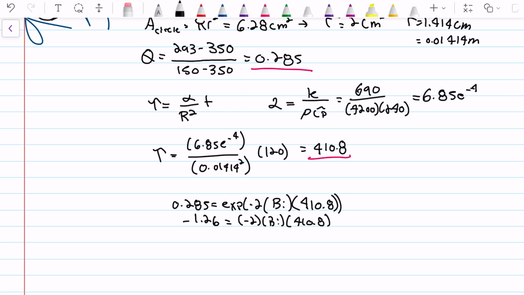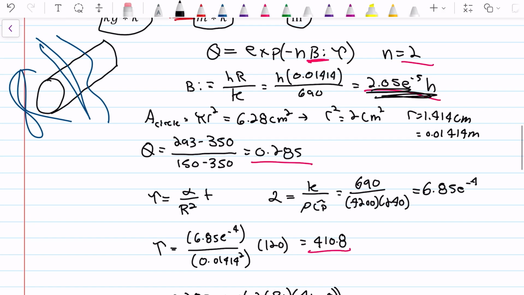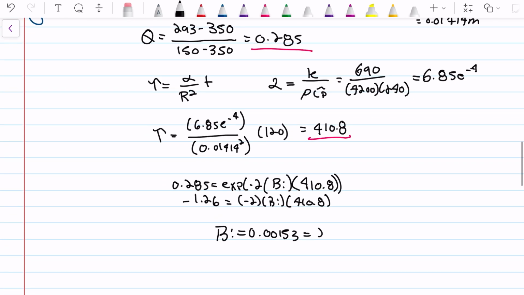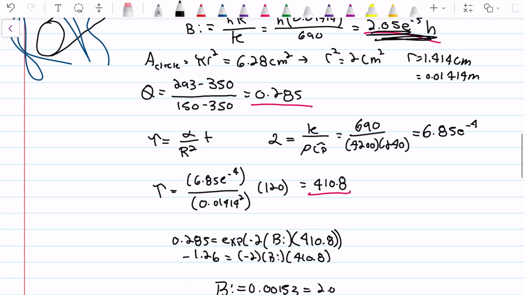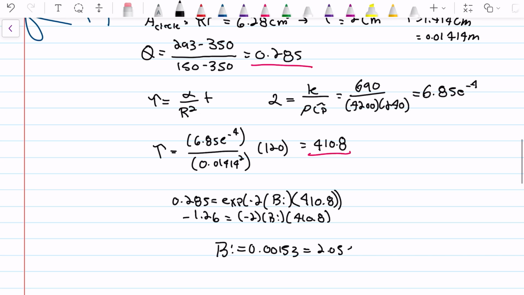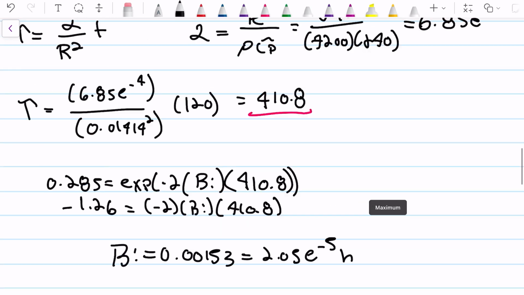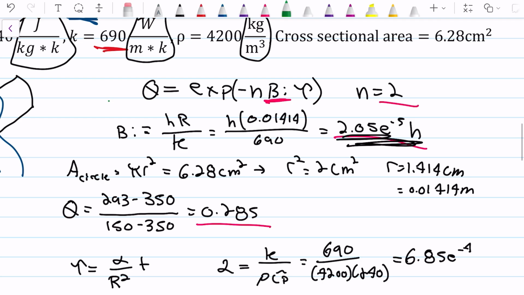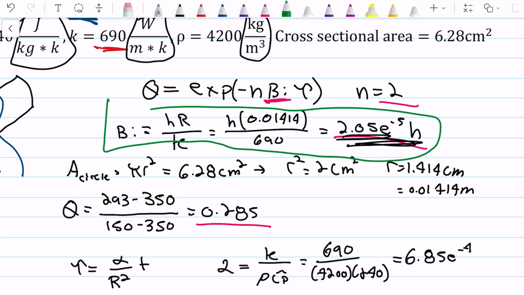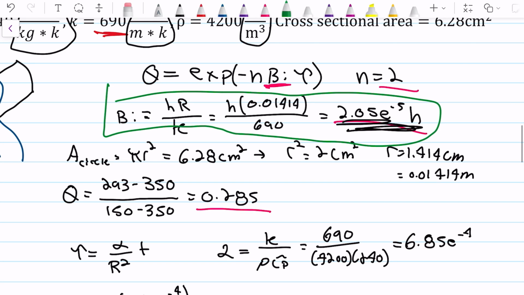Okay, and we get that the Bi out number is going to be equal to 0.00153, which is equal to, we solved that previously. That came from this analysis. So we basically, that's just R divided by K.